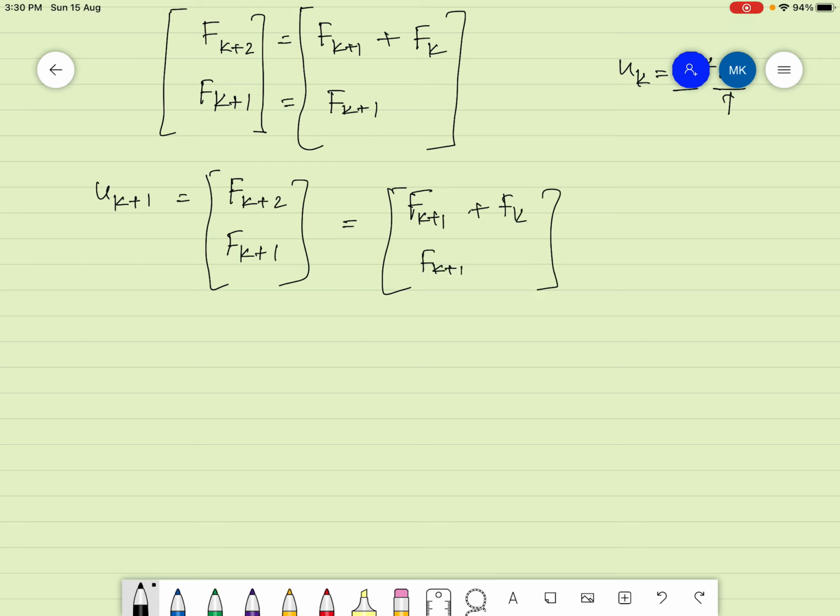So if you try to express this, sorry, this is a vector, a 2 by 1 vector.